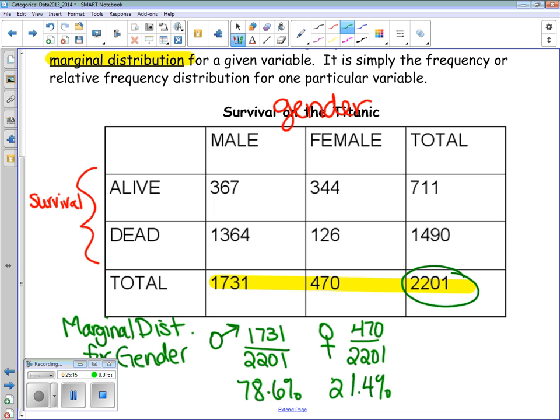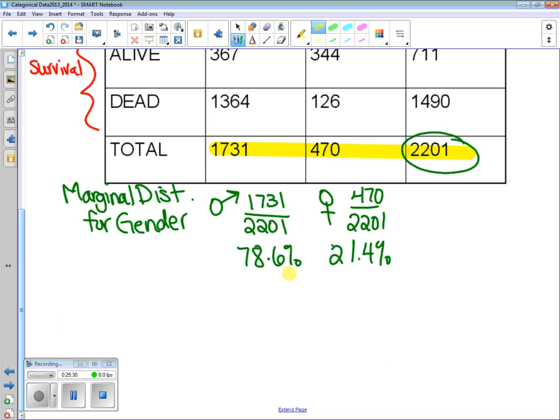Okay? So if, for example, I say, let's talk about the conditional distribution for those who lived on the Titanic. Okay? So that's going to be a little bit different. So let me go ahead and write that down here. There we go.